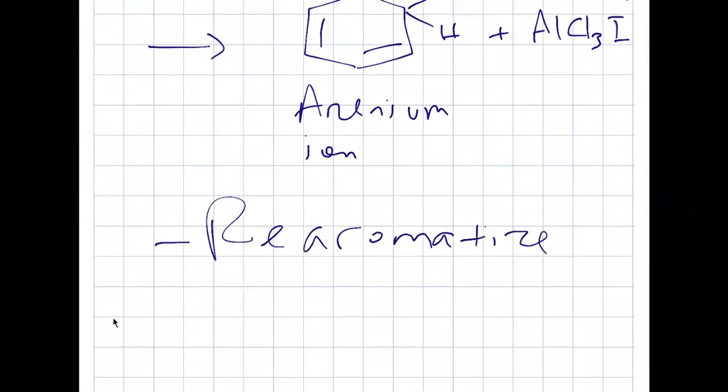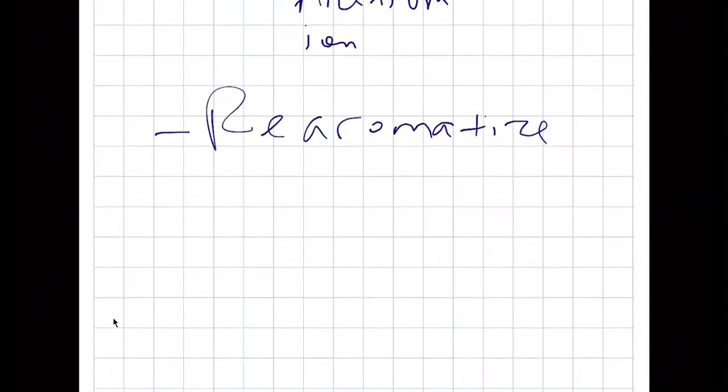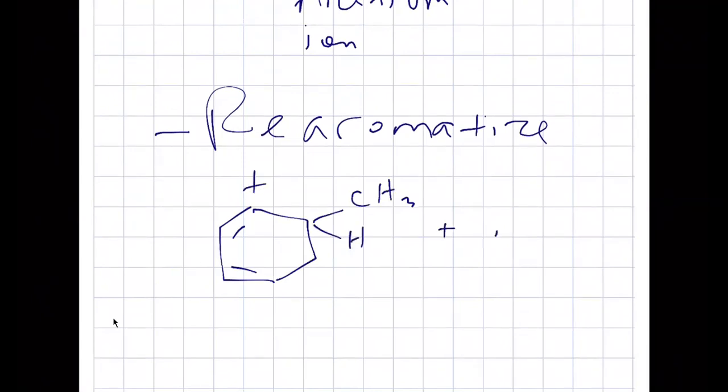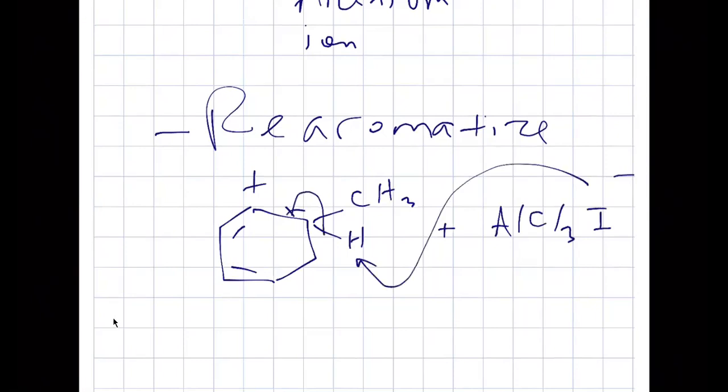Right, so you just take that arenium ion, and I would just draw it out up top, but I want to make sure you understand what's going on. That plus that, and then of course this is going to do your elimination, right?